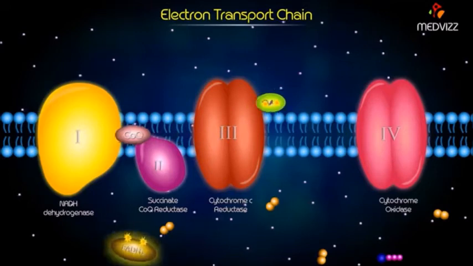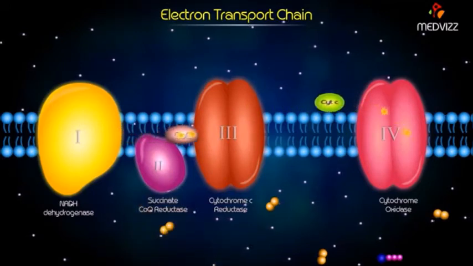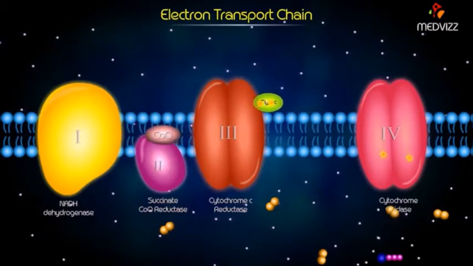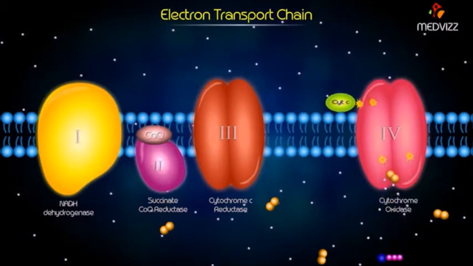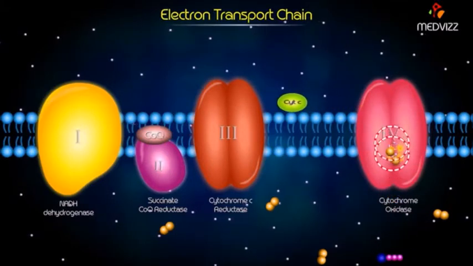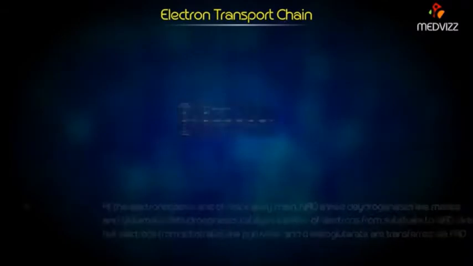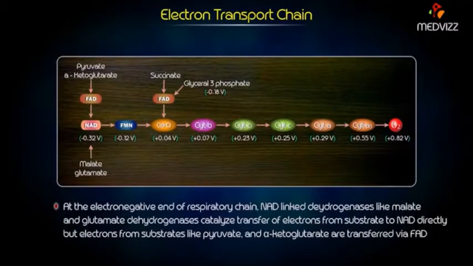Coenzyme Q also collects electrons from FAD. The transfer of electrons from substrates to NAD and FAD is catalyzed by dehydrogenases. At the electronegative end of the respiratory chain, NAD-linked dehydrogenases, such as malate and glutamate dehydrogenases, catalyze transfer of electrons from substrates to NAD directly, but electrons from substrates like pyruvate and alpha-ketoglutarate are transferred via FAD.